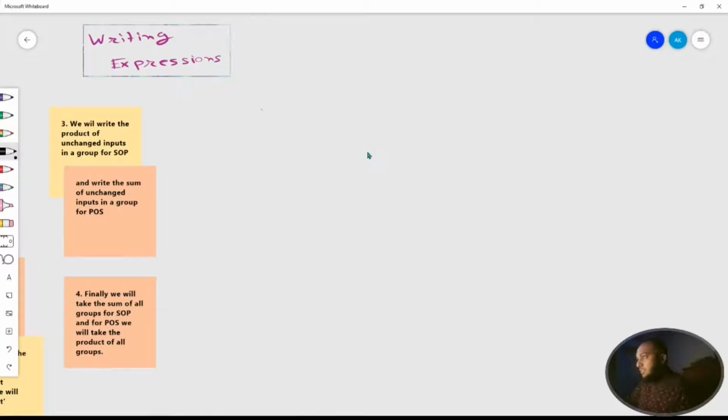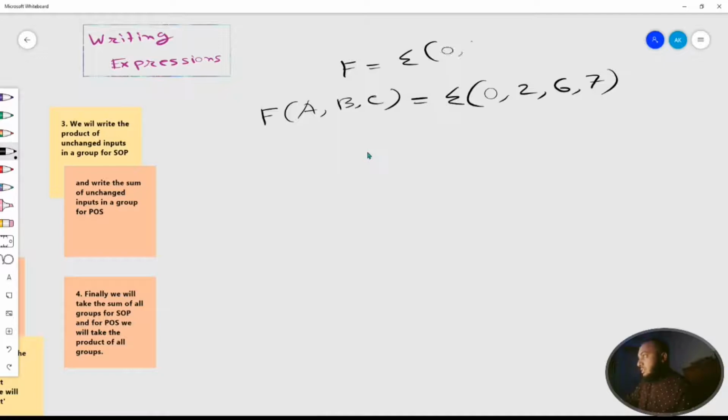Suppose we have a function f of a, b, c equals summation of 0, 2, 6, 7. Okay, if I would have said f equals summation of 0, 2, 6, 7, this and this are the same.